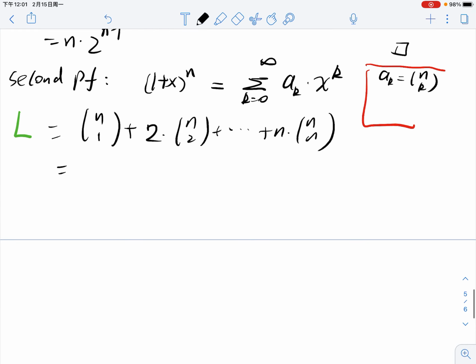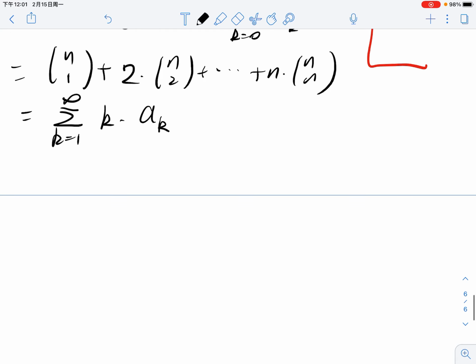This is the summation, k from 1 to infinity, of k times a_k. And what is this?